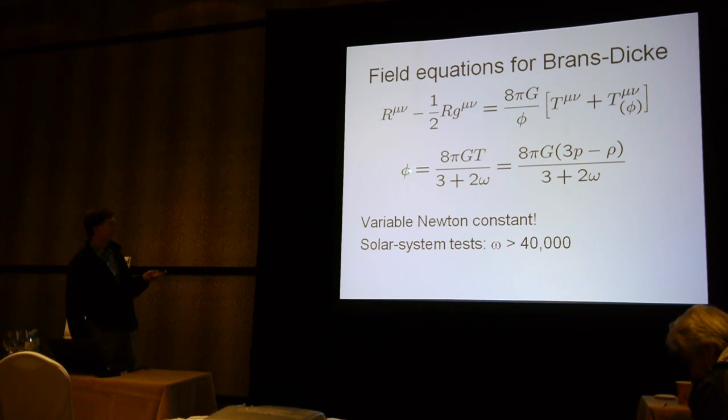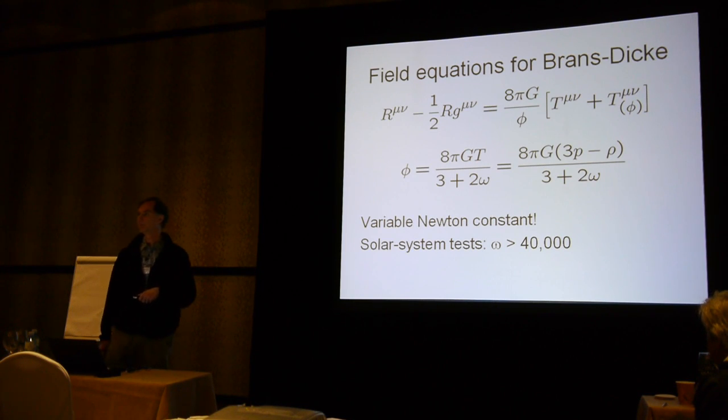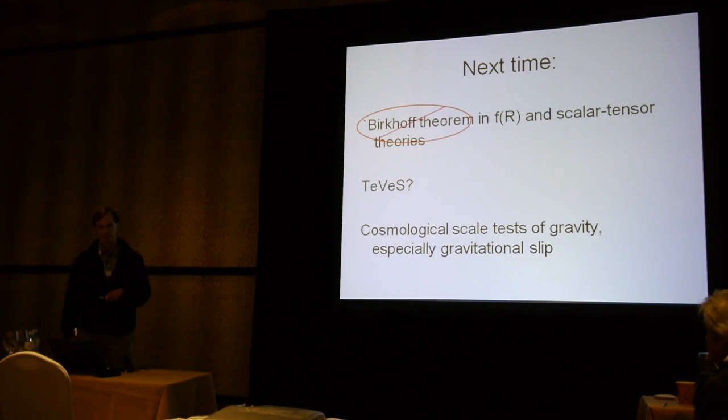That implies that this phi has to be constant, and there is a d'Alembertian box multiplying this, so that the box of phi is almost zero. That implies this omega has to be extremely large. The Brans-Dicke parameter has to be greater than 40,000 based on the Cassini limits in the solar system. Okay, so basically this phi field just freezes out in its dynamics.